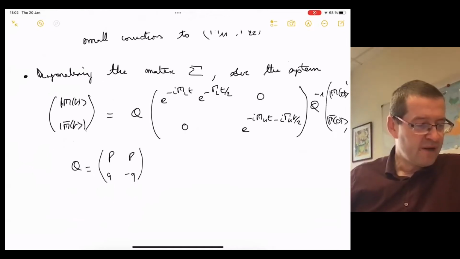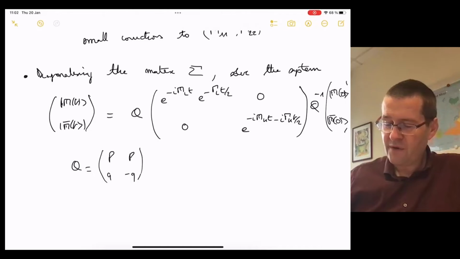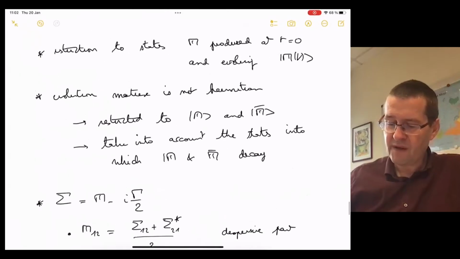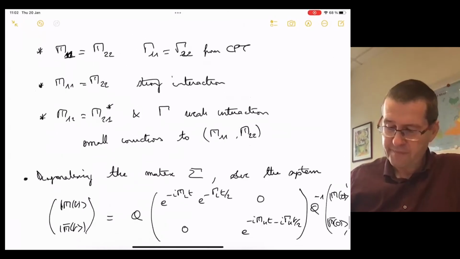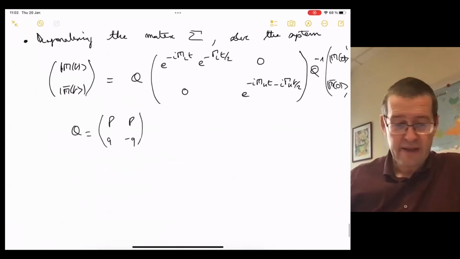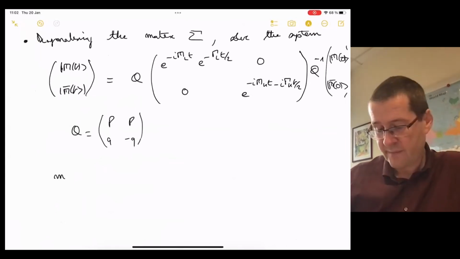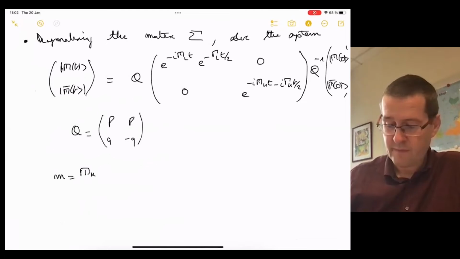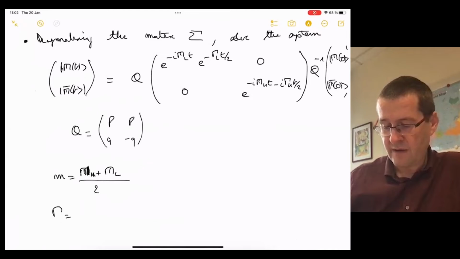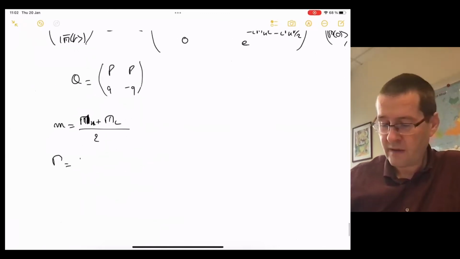So that's reminding you of the two mass eigenstates I just introduced at the beginning, and you can actually express the masses and the width.